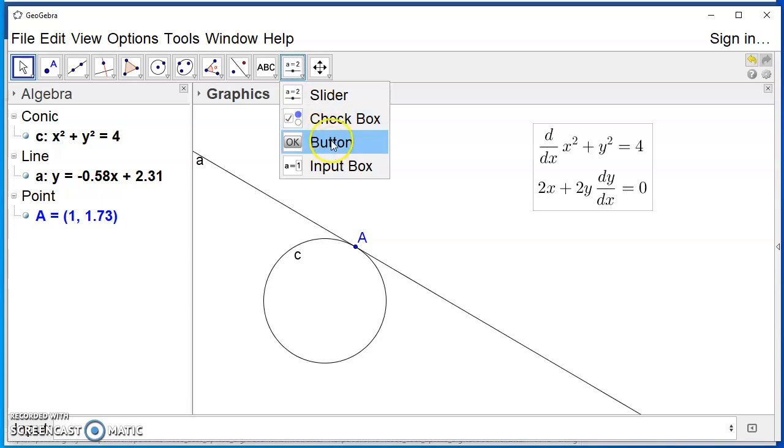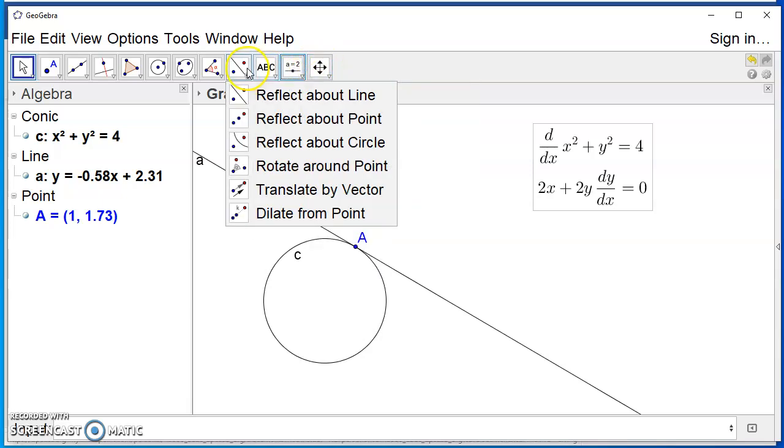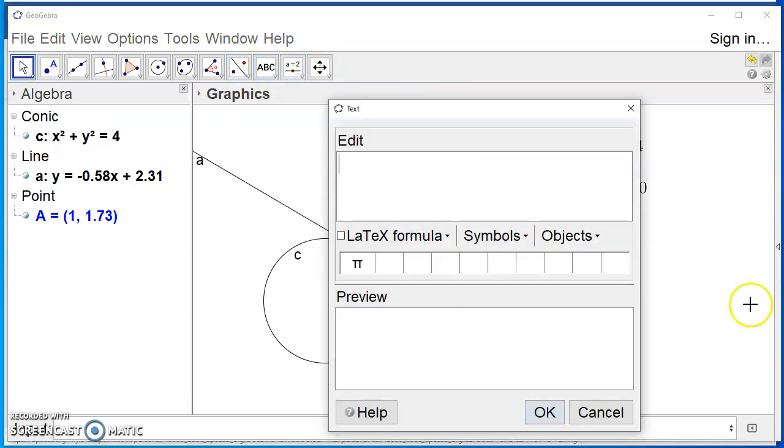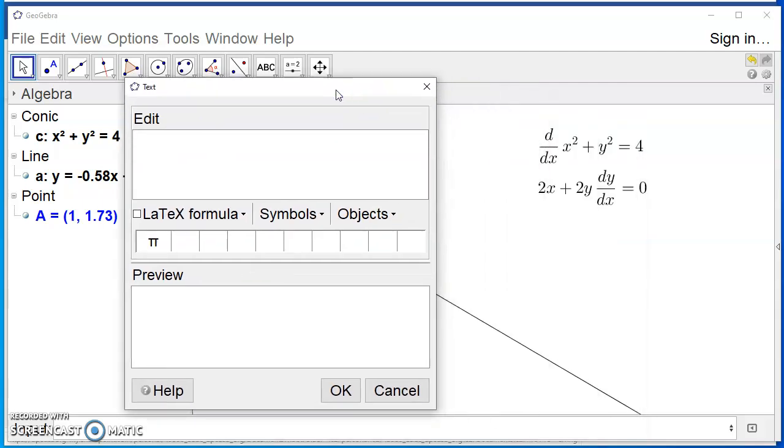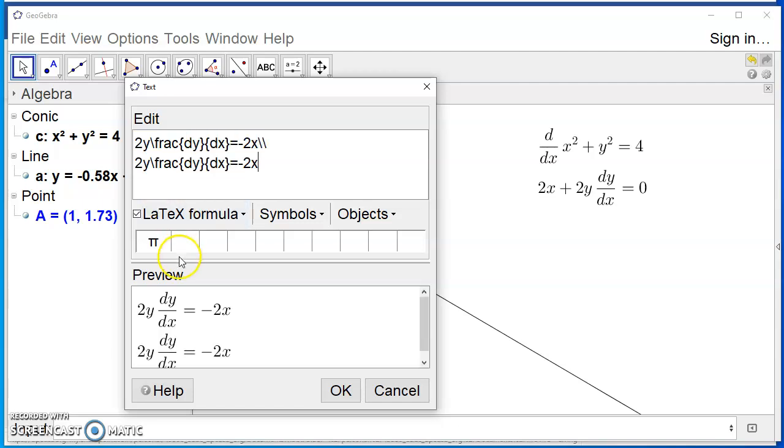And remember, dy/dx is the slope of the tangent at that point. So, if we just take this same equation, 2y dy/dx equals negative 2x, right? Can divide both sides by 2, so just do that quickly. So we get this, y times dy/dx equals negative x.